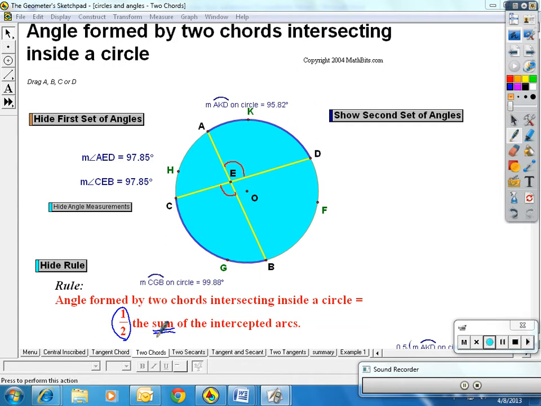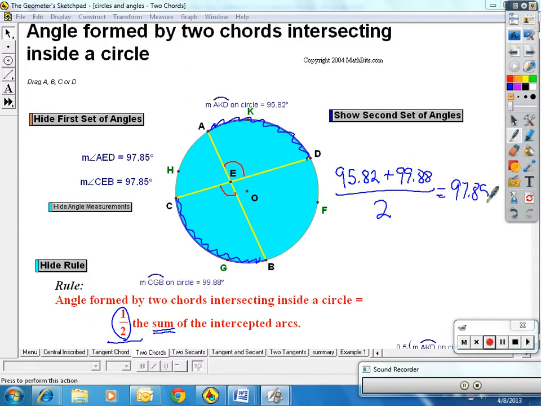So what that means is I am going to take this arc, 95.82, and sum it with this arc, which is 99.88, and then I'm going to take half of it, divide it by 2, and I get the angle 97.85. I get my angle. And that's not a central angle. That's just the angle of the chord.